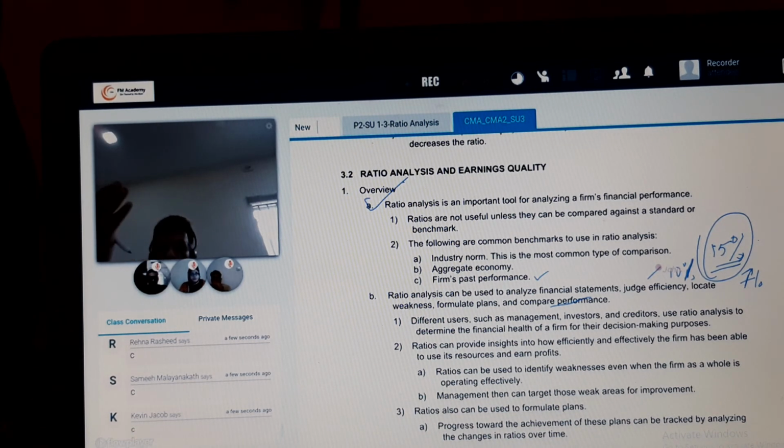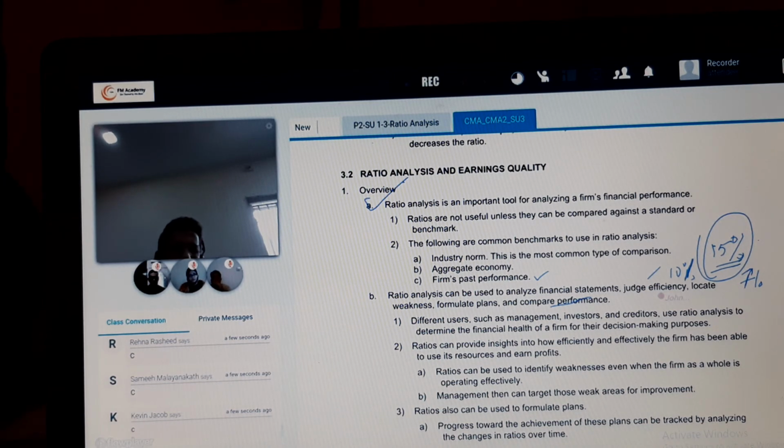If it is material, then is it volume variance or rate variance? All that you can go into, but the starting point is the ratio analysis, right? To judge the efficiency and to locate the weakness. And you can use these ratios to formulate plans. Like if you want a first cut budget in 10 minutes, you can do that, provided you have the previous year's financial statement in the common size format, right?